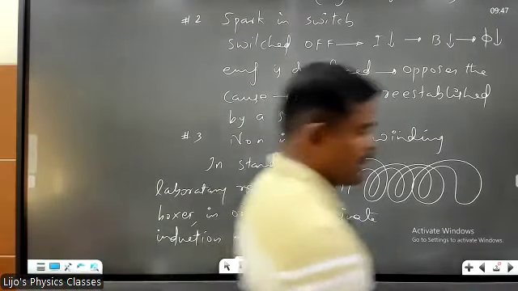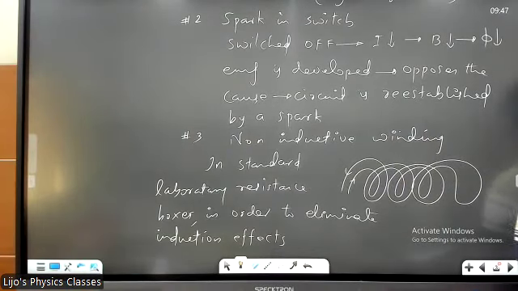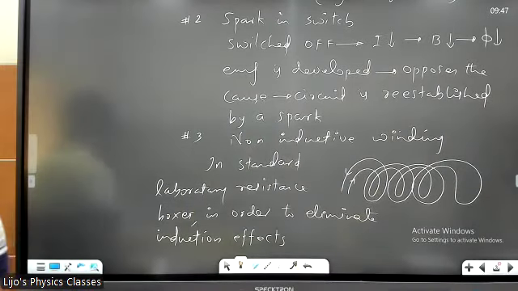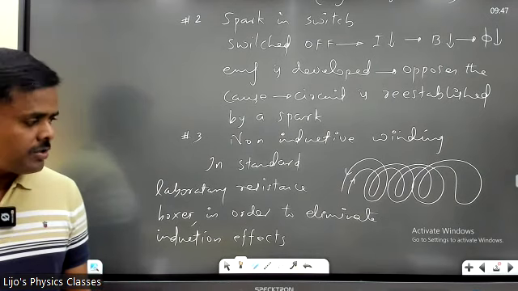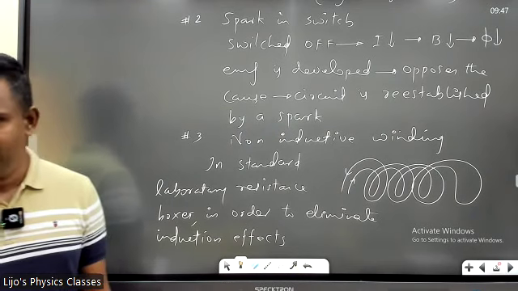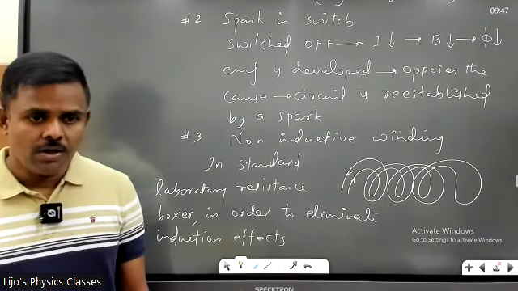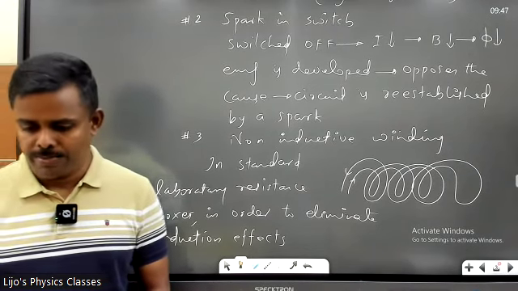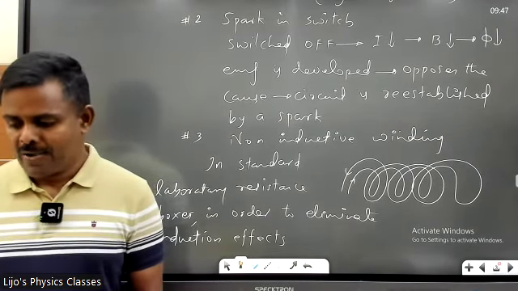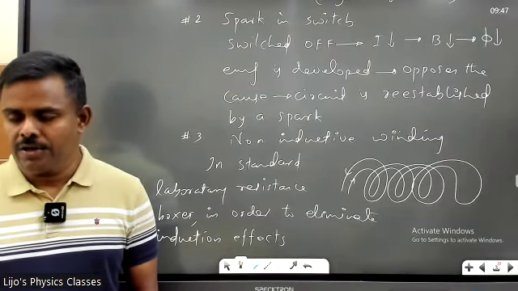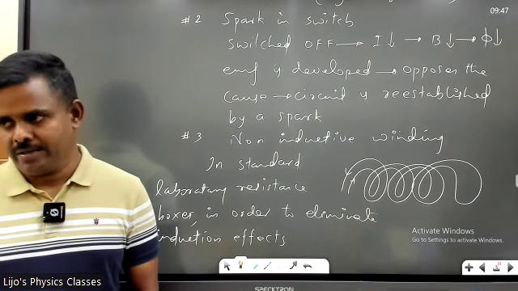I repeat, in standard laboratory resistance boxes, in order to eliminate induction effects, comma, coils are wound, W-O-U-N-D, coils are wound in opposite directions. This is called non-inductive winding.